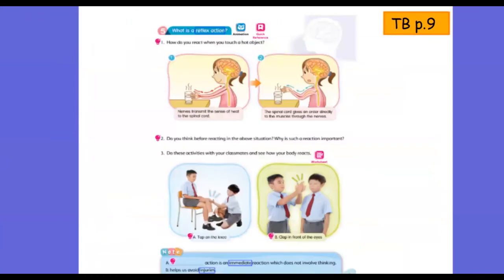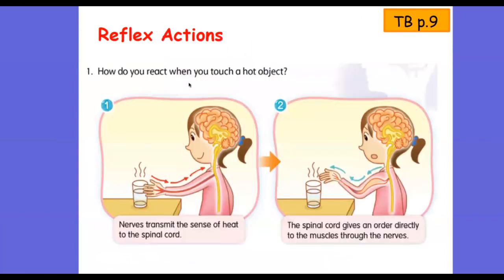All right, so after understanding how to coordinate by the use of our nervous system, now let's take a look at the reflex action. So you can turn to page 9 if you wish to. Think about that. Sometimes when we touch a hot object, what will happen?